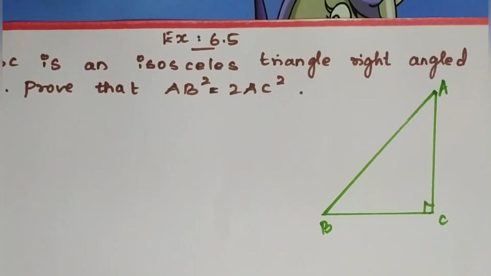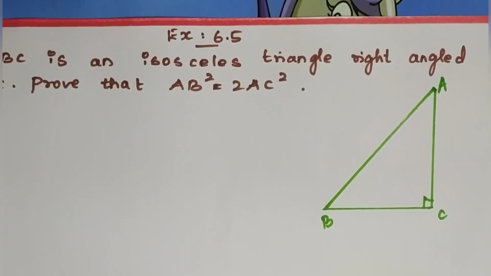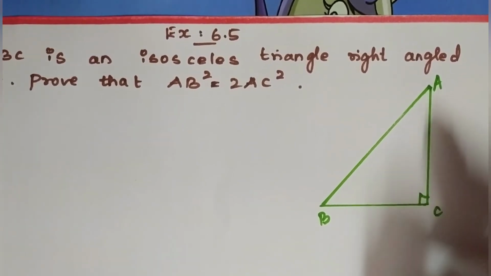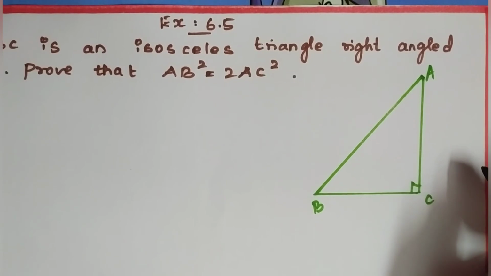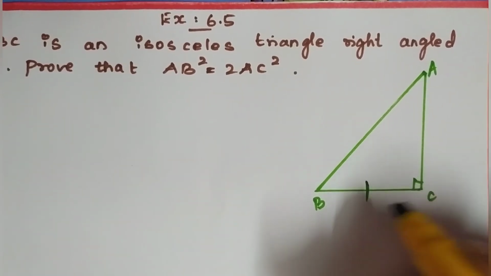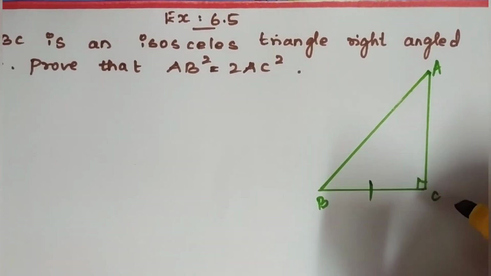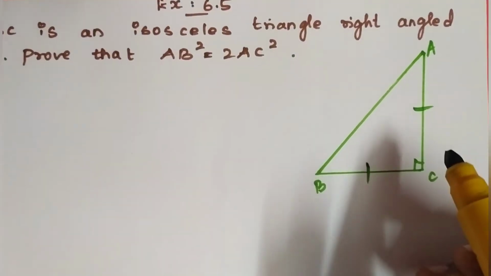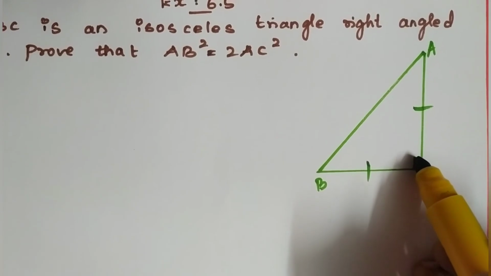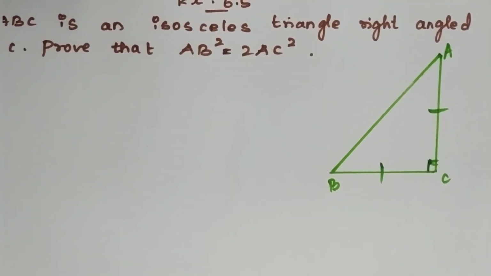ABC is an isosceles triangle. Since it is an isosceles triangle, I can tell that any two sides are equal: BC and AC. And since this is a right angle, angle C is 90 degree.